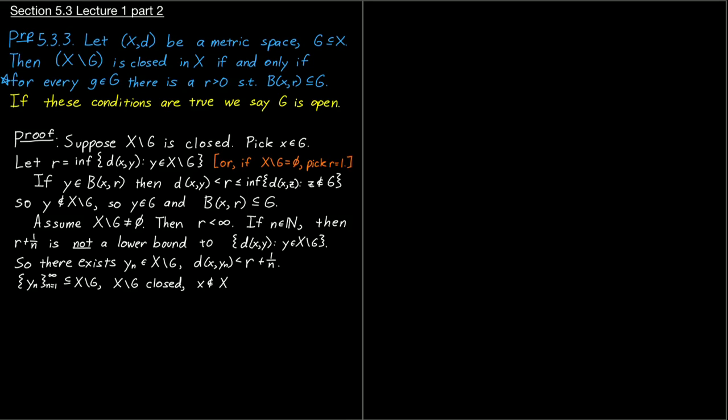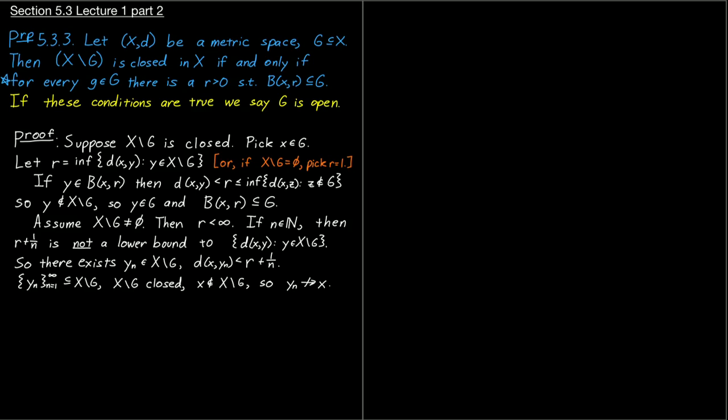And X is not in X minus G. So y_n cannot converge to X. It's a sequence in a closed set, so if it converges to anything, it converges to something in the closed set, so it's not allowed to converge to something not in the closed set.